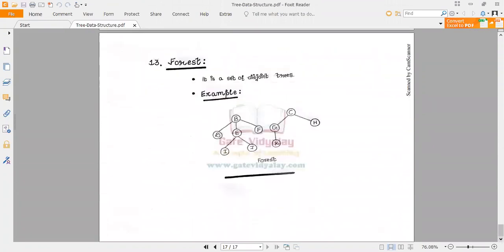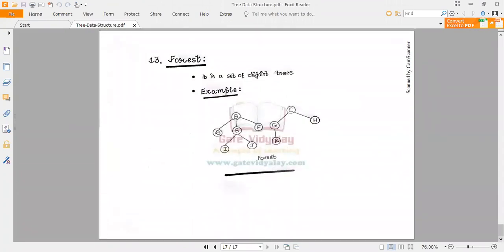Next, we have a forest. So what is a forest? It is a set of disjoint trees. Like we have the subtrees, and if we are joining these with A, because these are the children of A, this is a tree with subtrees B and C. And forest is what?